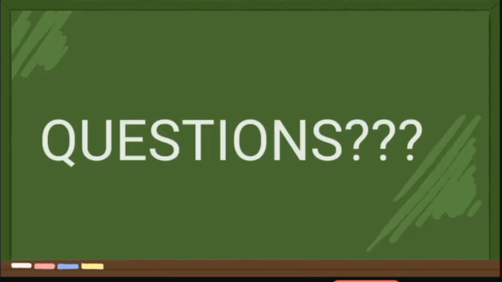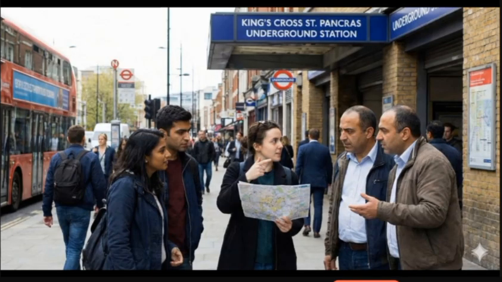Now, what about questions? Interrogative sentences also apply the same formula. For example, do you know where the train station is? Here, whom are we asking? You, second person. So we are using the plural form.